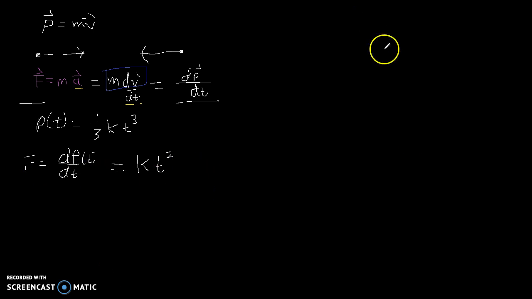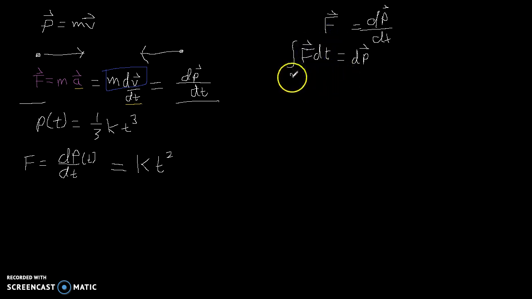Now let's move on to impulse. So we can start with what we derived above. Force is equal to dp/dt. Now we can multiply both sides by dt, and we get force dt equals dp. Now let's integrate both sides, and if we were to do this as a function of t, we would integrate it from 0 to t.